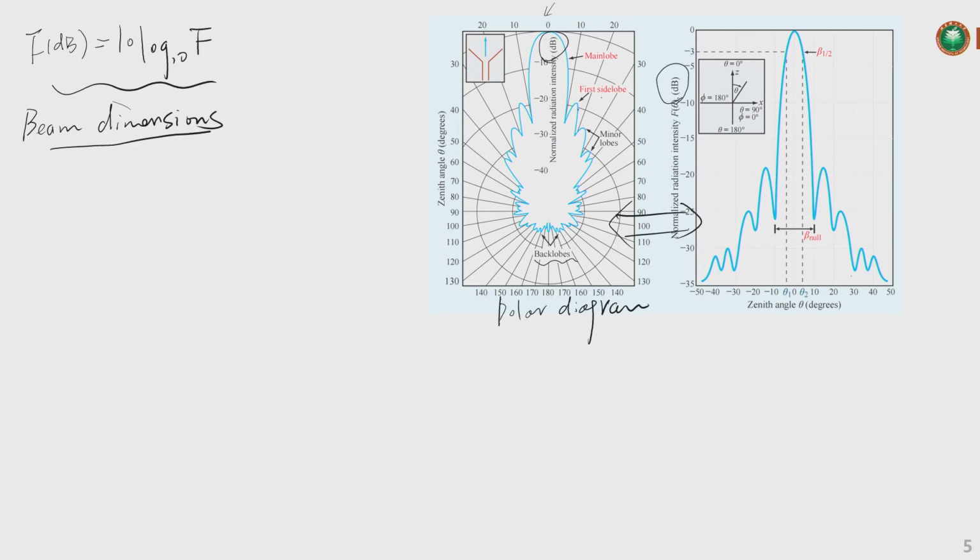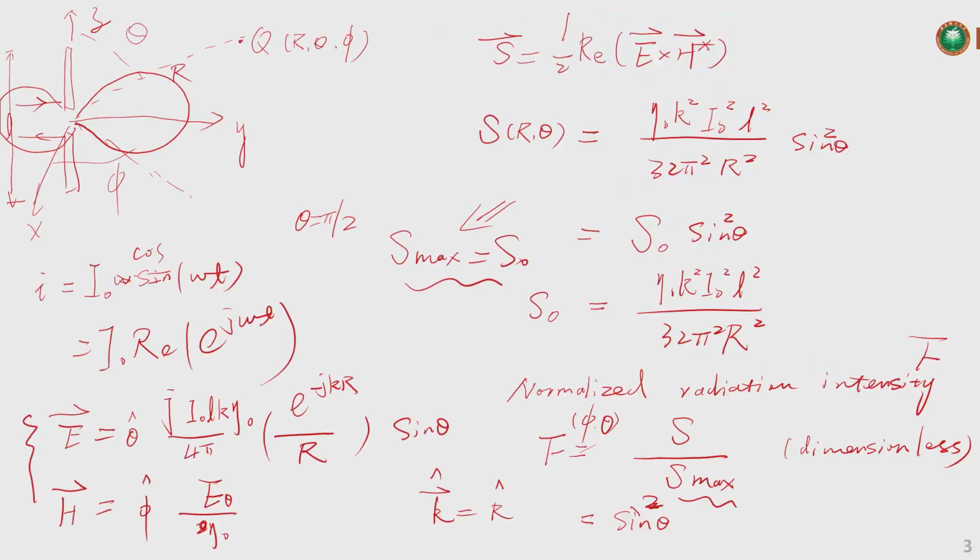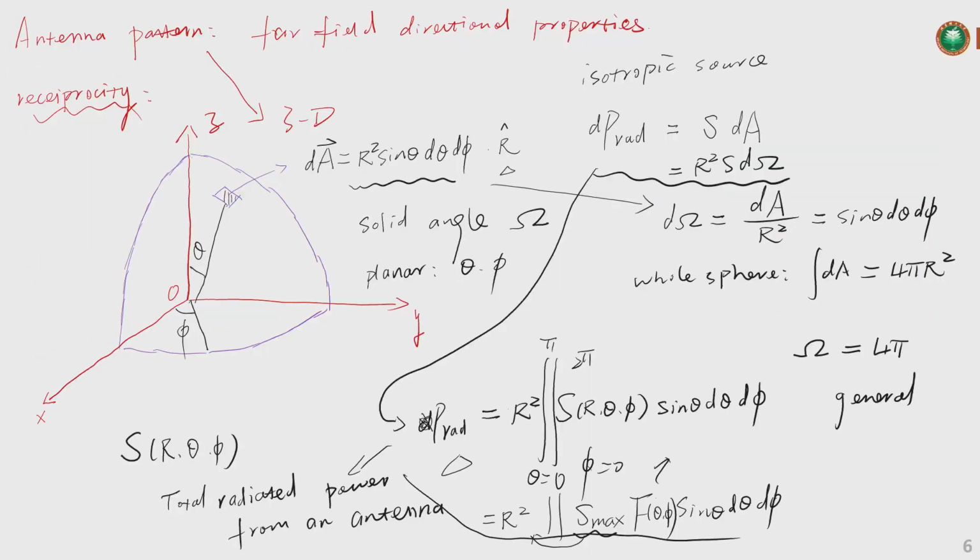So previously we introduced that we take a solid angle to represent the angle corresponding to the small area, all right? This one. So the solid angle should also be used for the beam dimensions analysis.